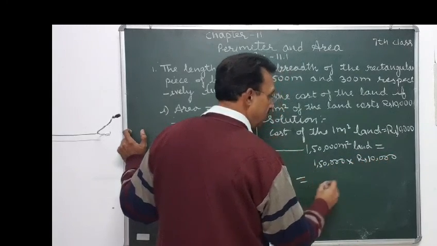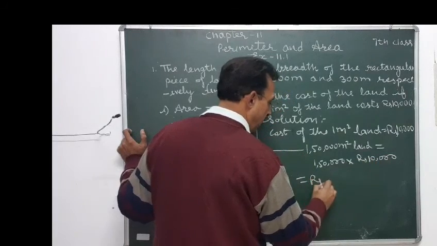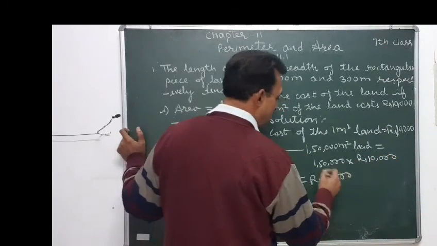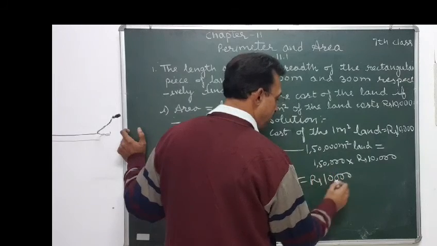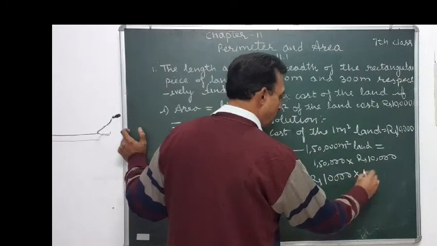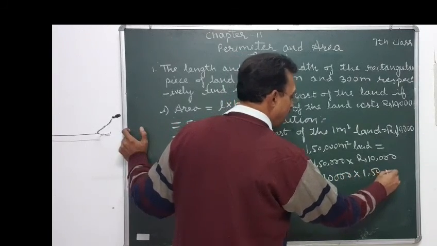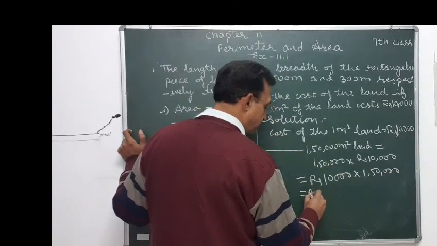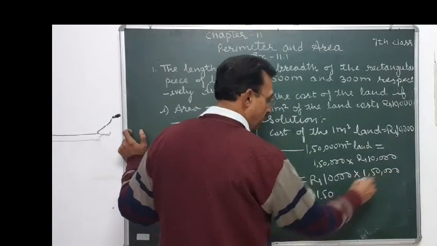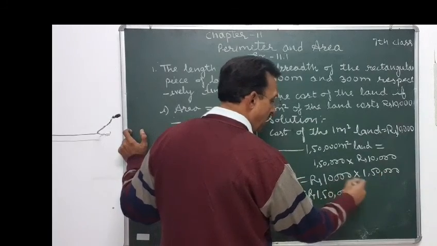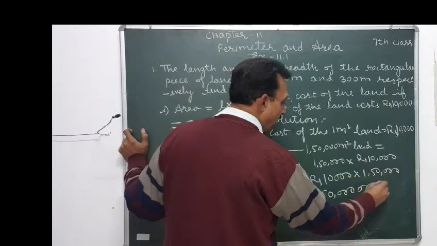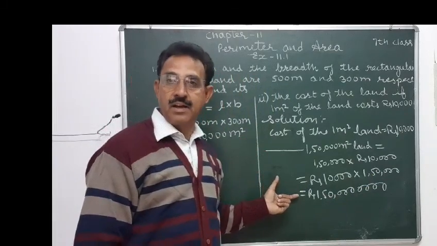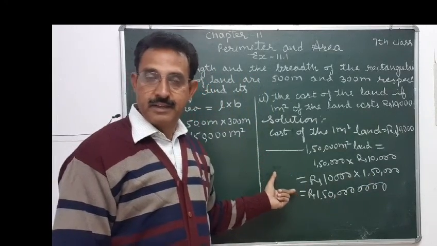So what do we get on multiplying? We get 4 zeros, and on multiplying with 1,50,000 we get 1,50,000 and 4 zeros more. So this is the actual cost of the land, right?